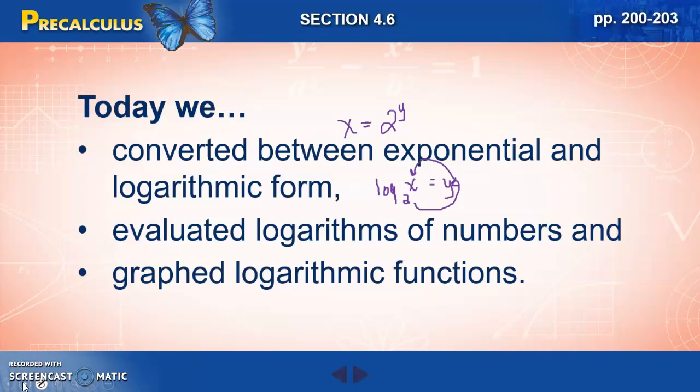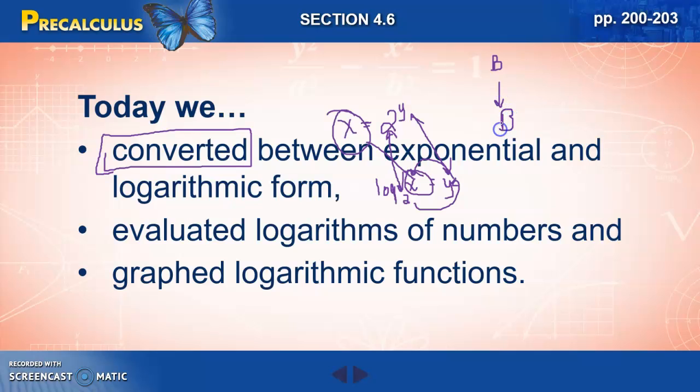The most important thing that you need to take from this lesson is how to convert between the exponential and the logarithmic function, understanding the relationship between the base and the base, the exponent and the log, and what we'll call the answer and the argument. So the base of the exponent is the base of the logarithm.